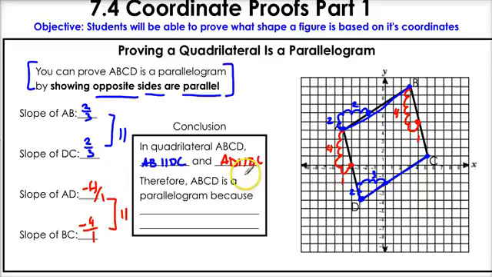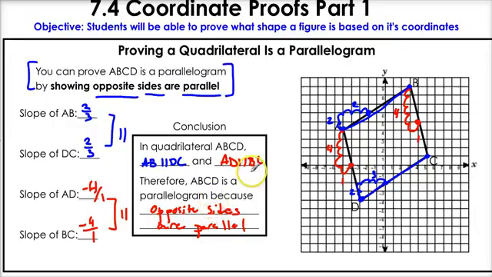So I showed my work, I write my sentence. Therefore, ABCD is a parallelogram because opposite sides are parallel. And just like we have been doing, we're just going to write our property right there.